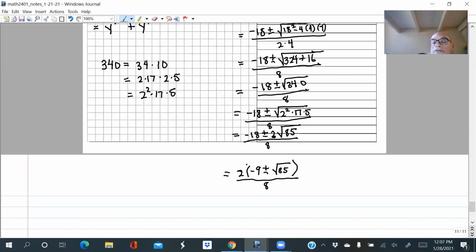And the reason I factored that 2 out is now I can divide that with the 8. So here's the final answer, simplified by hand: minus 9 plus or minus the square root of 85 over 4. 2 goes into 8 4 times. So minus 9 plus the square root of 85 over 4, that's one of your solutions. Minus 9 minus the square root of 85 over 4.